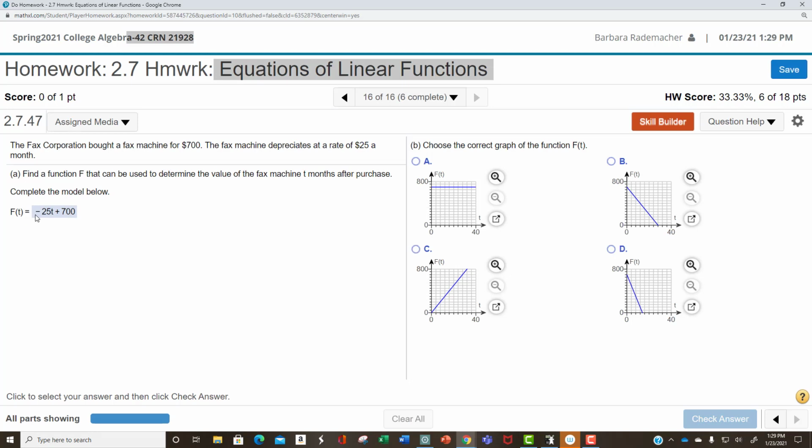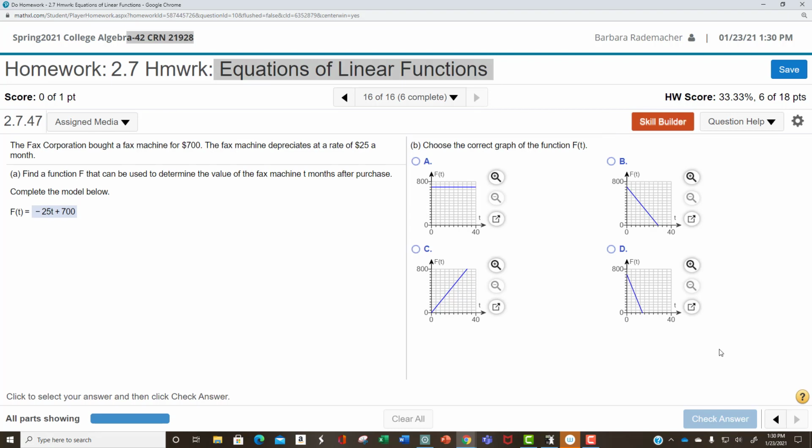Complete the model. Okay. It's depreciating. That means going down. This line would say the value stays the same no matter what, forever. This line would say the value is going up.